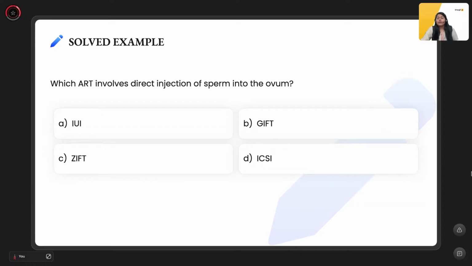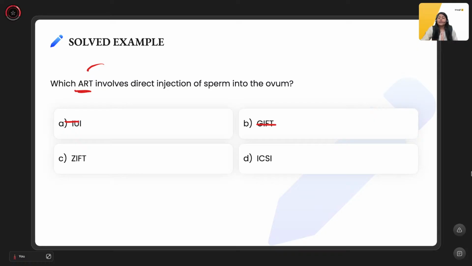Now moving on. Which ART involves direct injection of sperm into the ovum? What is ART? ART is assisted reproductive technologies which help a couple to conceive a child. Now here there is one ART which involves direct injection of sperm into the ovum. Let us look at our options. IUI is intrauterine insemination, where the semen is released into the uterine tract of the female.